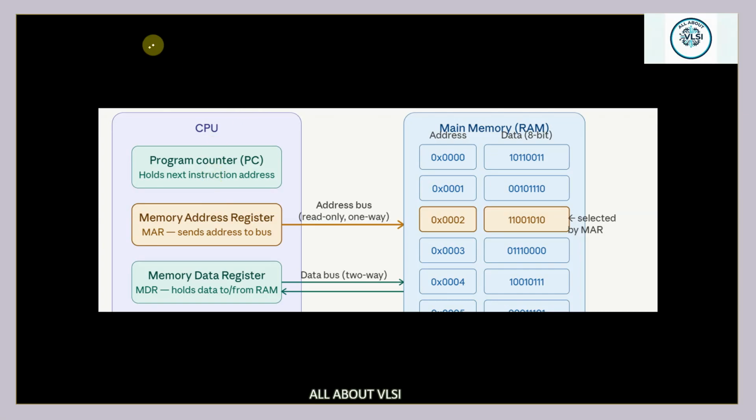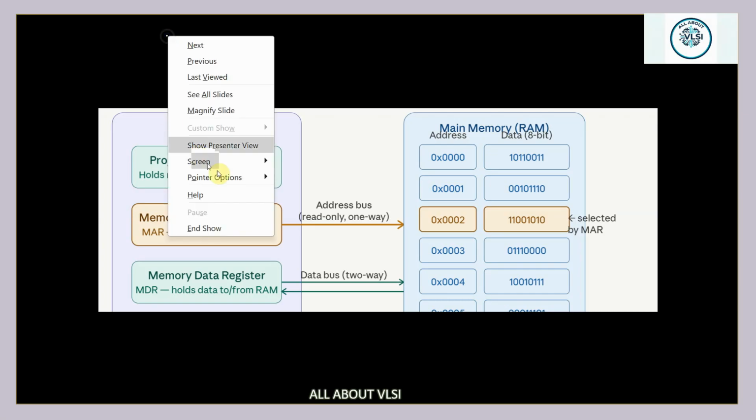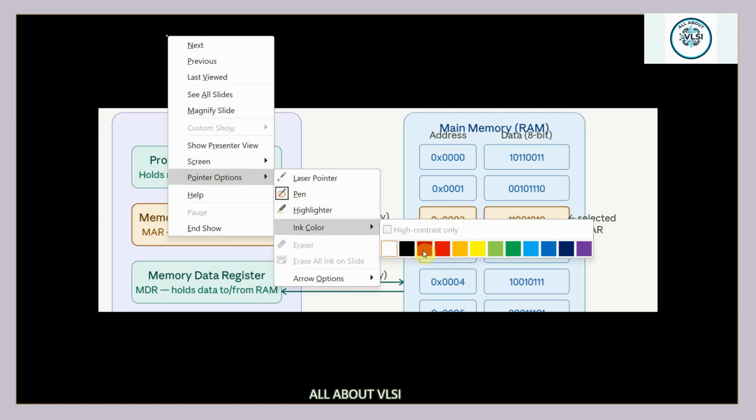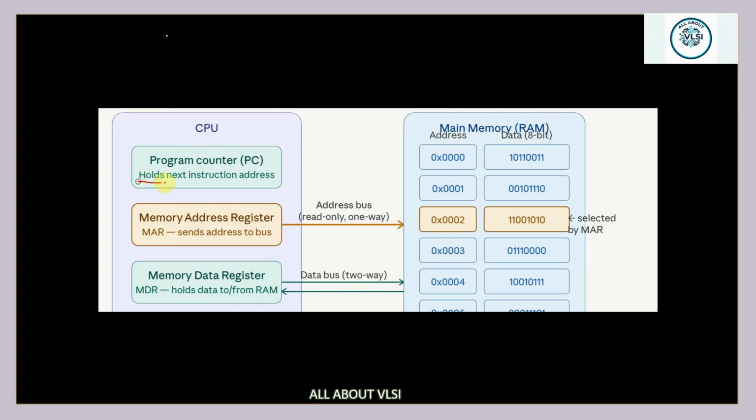This diagram is basically depicting what is happening here. Let's try to understand again. The program counter holds the next instruction address, and the memory address register sends the address to the bus. The memory address register provides the actual address onto the address bus, and we select a particular address.